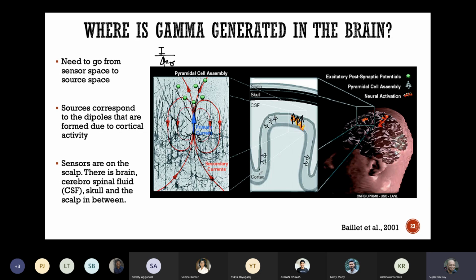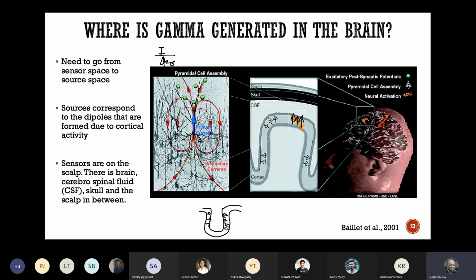In particular, note that the location of the dipoles, whether they are on the gyri or on the cell side, also matters. So in this case, for example, if you are in a sulcus like this, the dipoles here and the dipoles there are pointing in different directions.